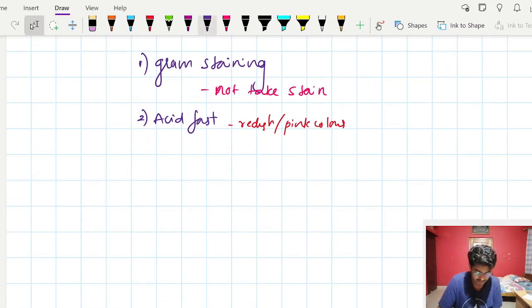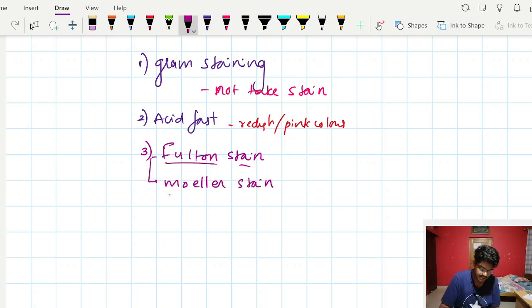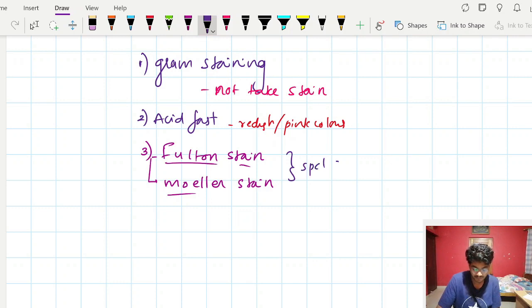Then another method is special staining, that is called Fulton stain and Moeller stain. These are the special staining techniques for endospores.